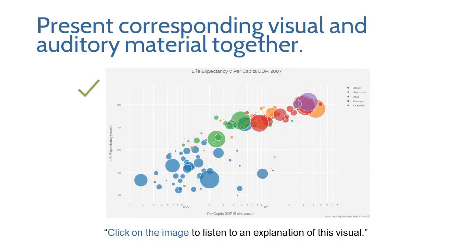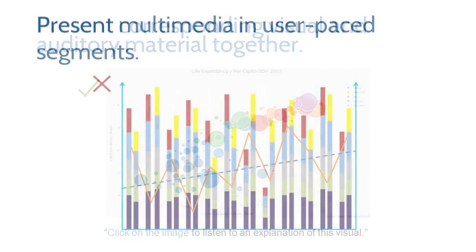The principle of temporal contiguity says that all the necessary material must be presented together. If there is too much material to present at once, the material must be broken down into small enough pieces so that it can be shown and explained at the same time. Which leads us to the next best practice.